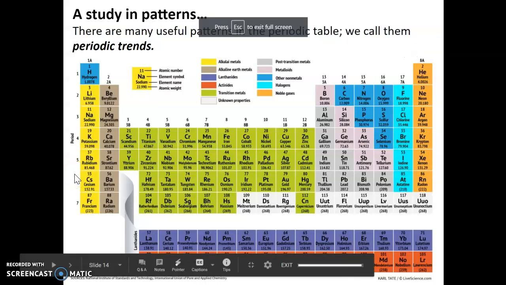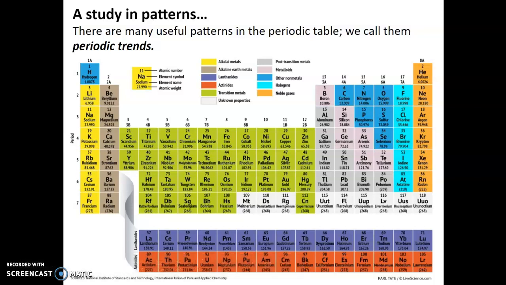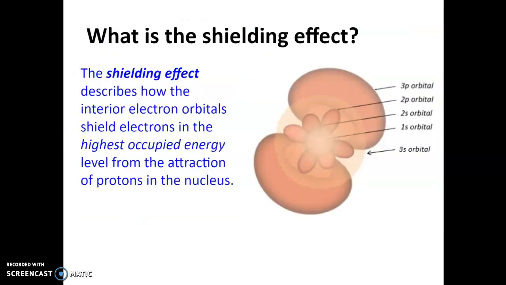Alright, last piece here, we are going to talk about some of the significant patterns on the periodic table that we call periodic trends. So in order to understand what's happening and why the trends are the way they are, we're going to think about some of the ideas that we talked about before related to electrons and where they are relative to the nucleus.